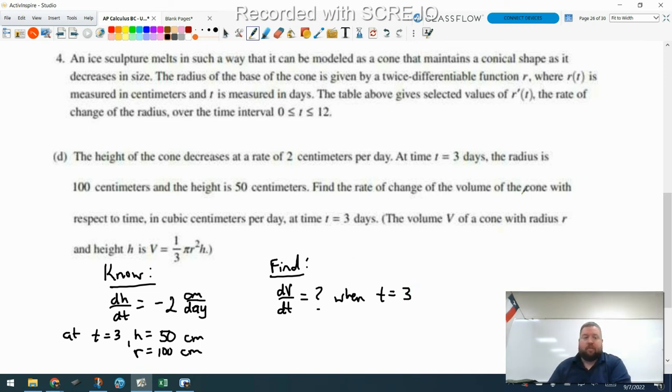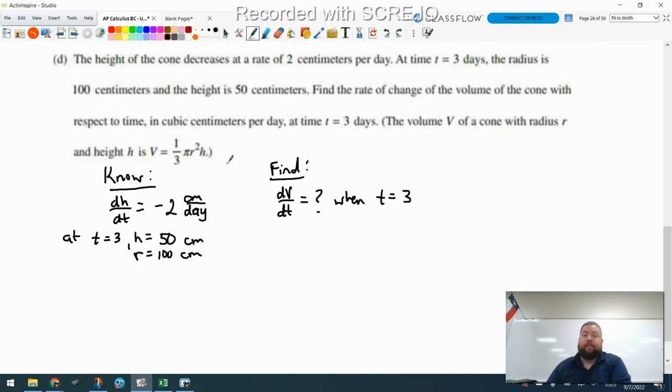And then they give us the volume of a cone here. There's a hidden known factor. When t is equal to 3, h is equal to 50 and r is equal to 100. We're trying to find the rate of change of the volume when we know height and r, and we know dH over dt. So the hidden known factor here is dr over dt.